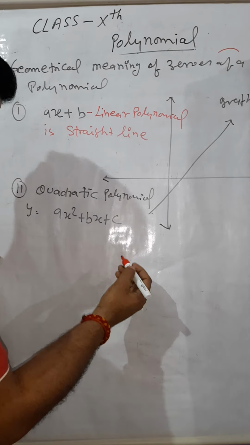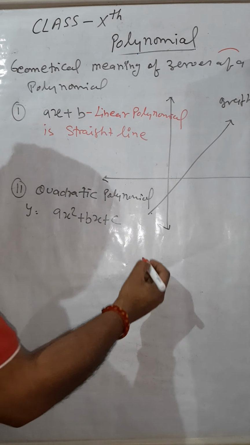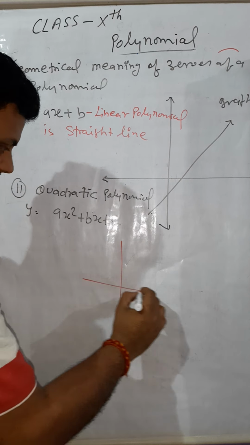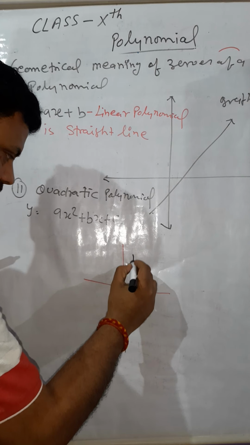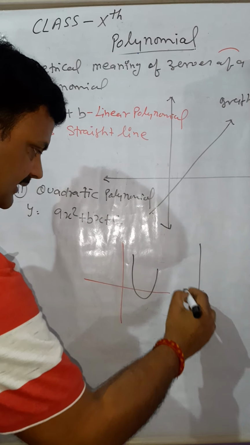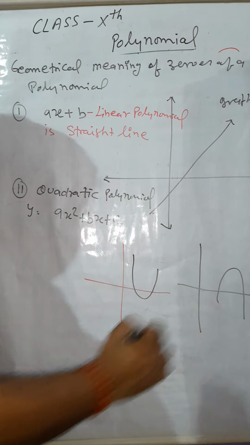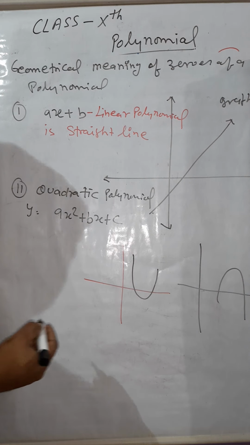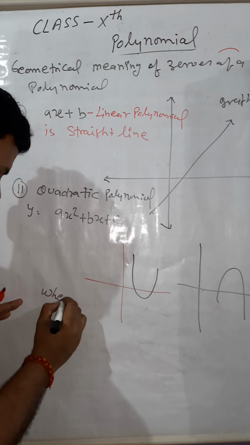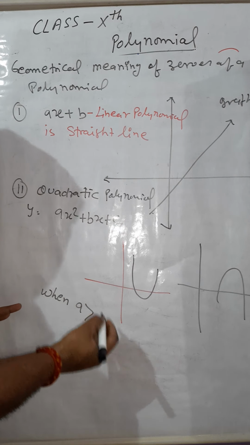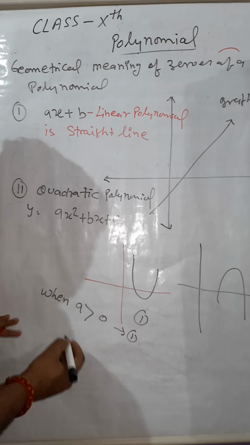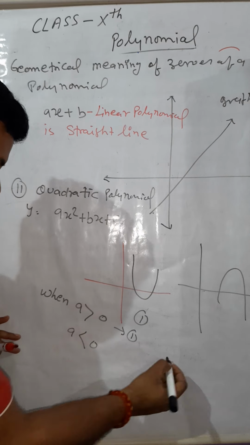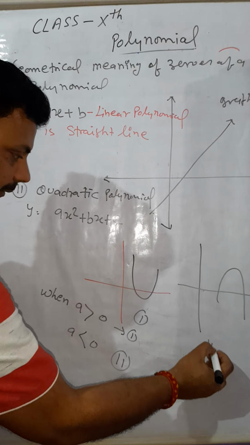So there are a few cases. This is upward, this is downward. So when a is greater than 0, this is case 1, and when a is less than 0, this is case 2.